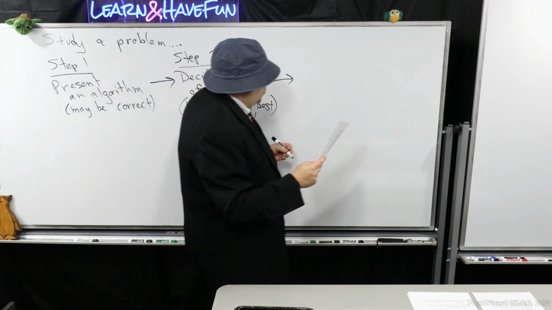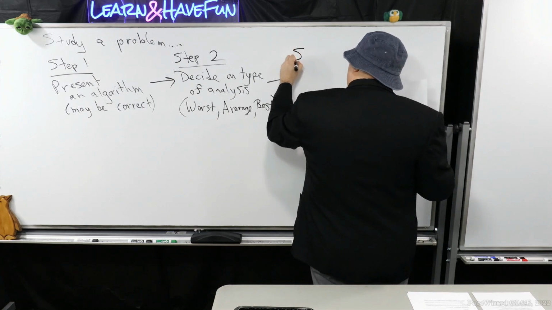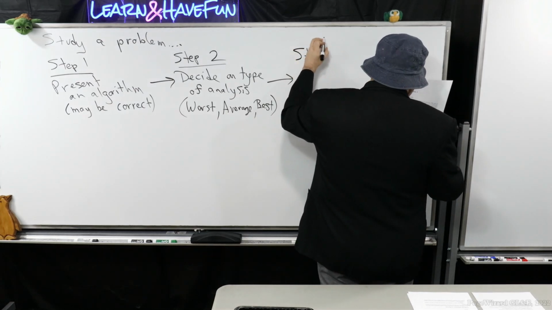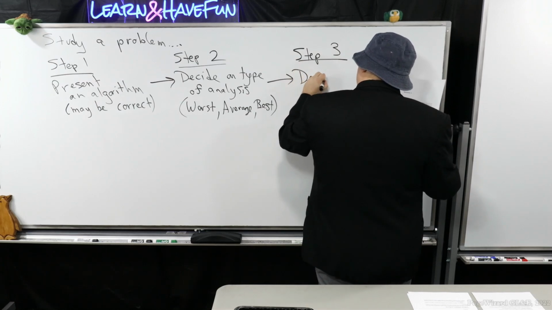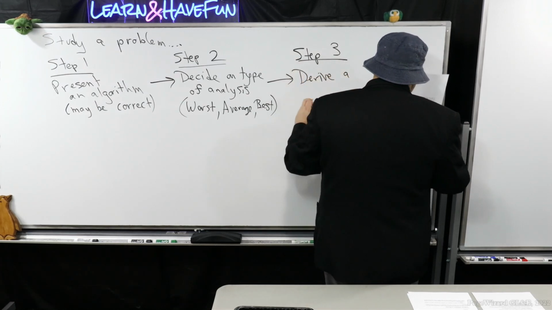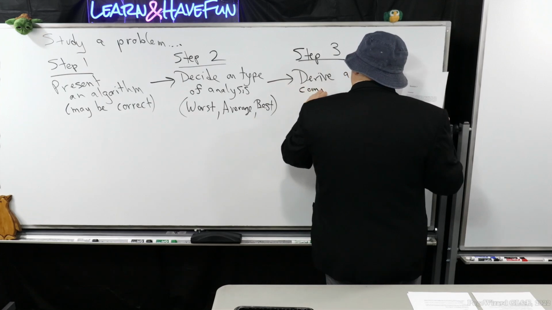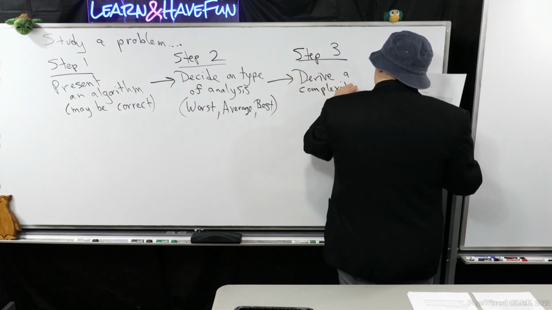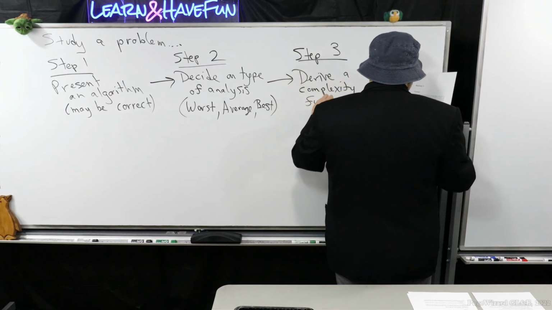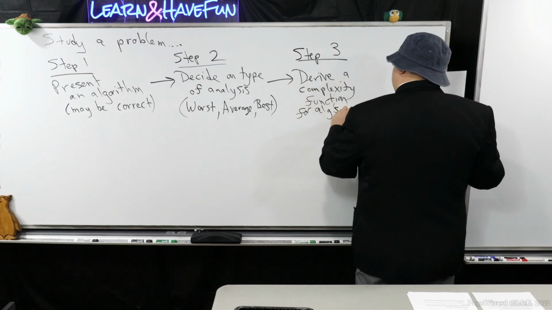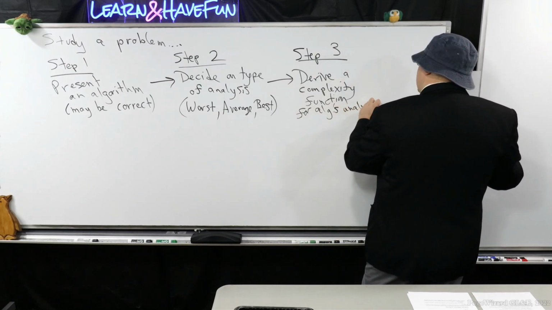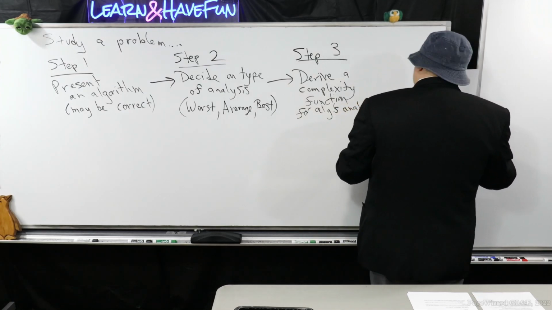Once you've done this, when you count up these operations, you derive something we call a complexity function for the algorithm's analysis. So that's the third step.